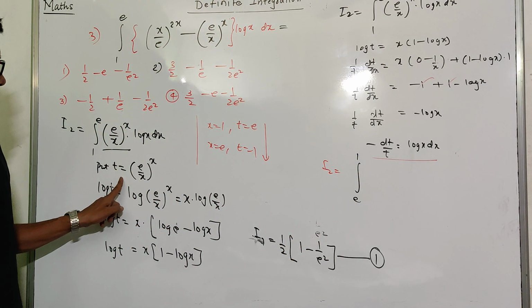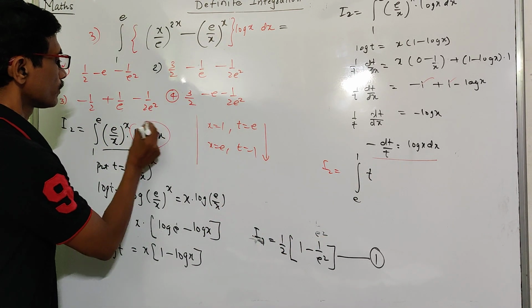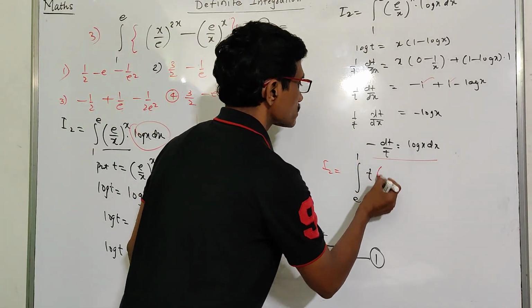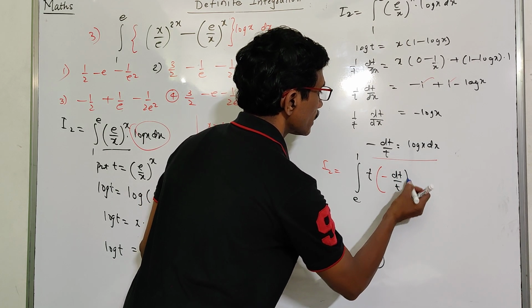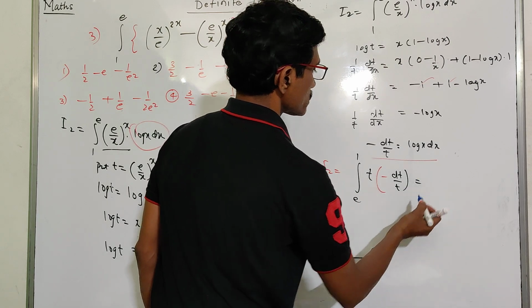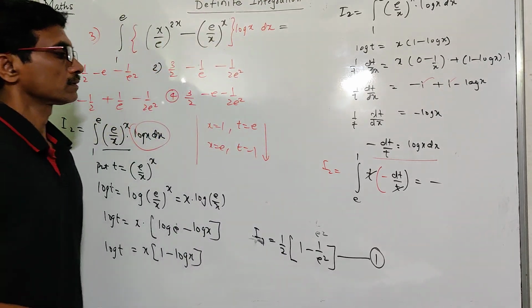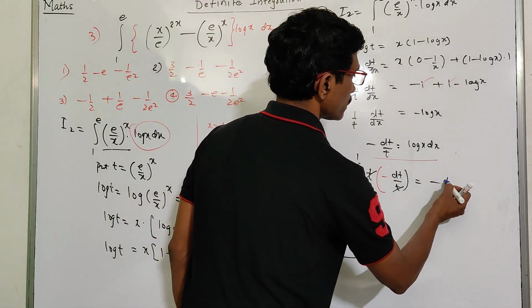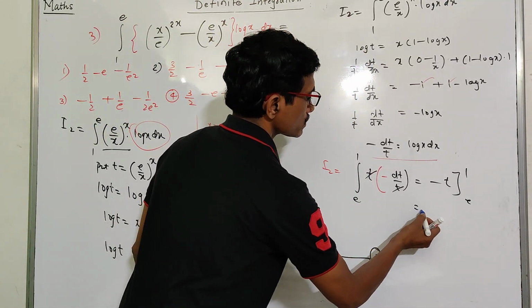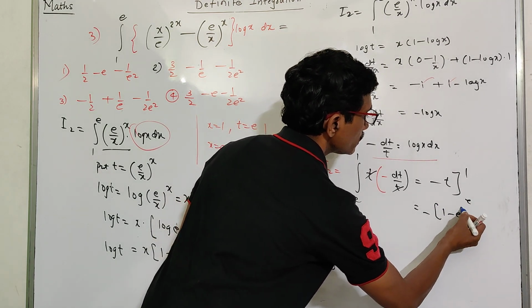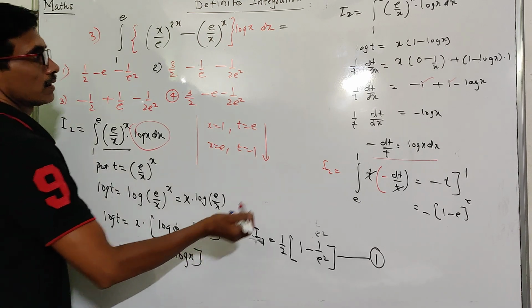We substitute t, and what we are getting is log of x dx equal to minus dt upon t, therefore t is getting cancelled, minus of integral dt, which is t, limits are e to 1, which is minus of (1 minus e). This is I2.